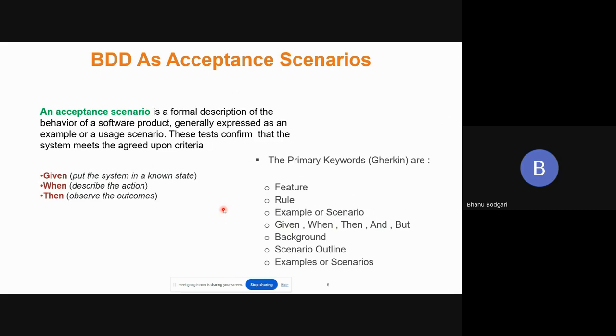And once we have that action in place, then what is the outcome? This is a very simple statement. It is not an elaborate statement. It just contains given, when, then. And sometimes we add and, because and can be used everywhere. Given user is logged in and user is already on so and so page.